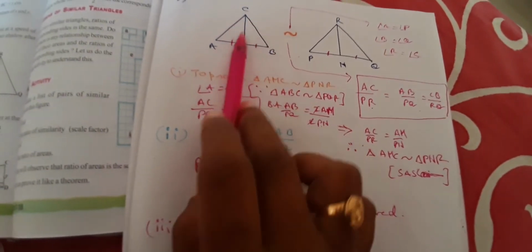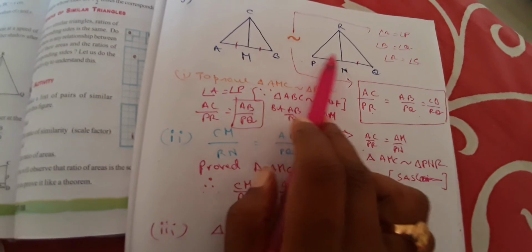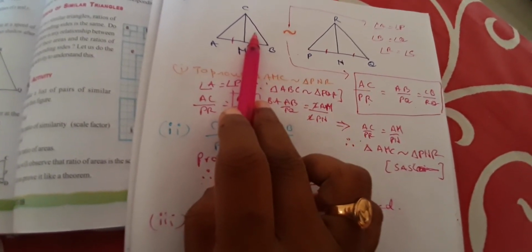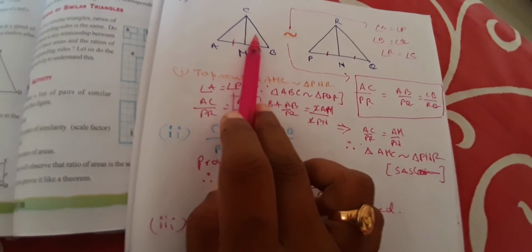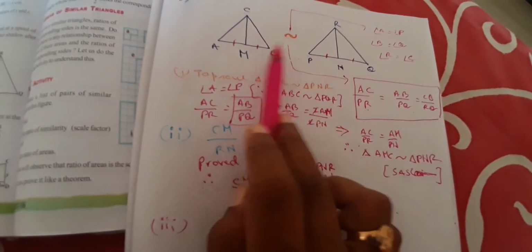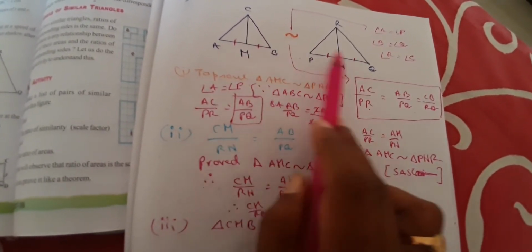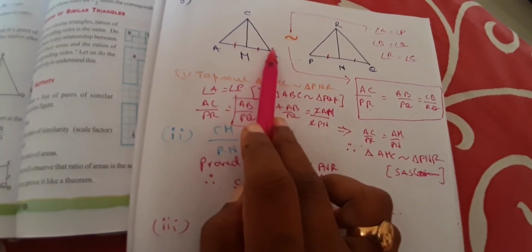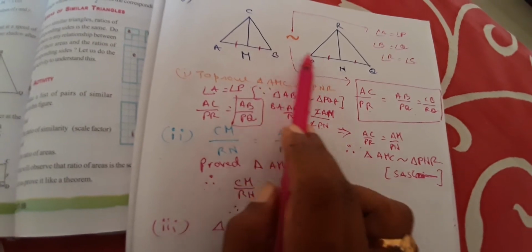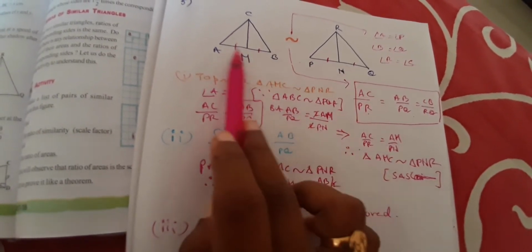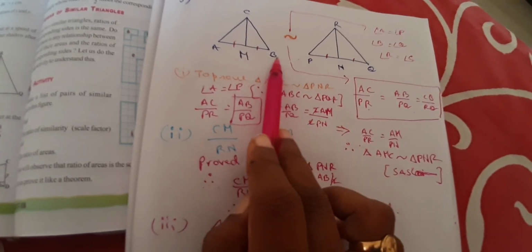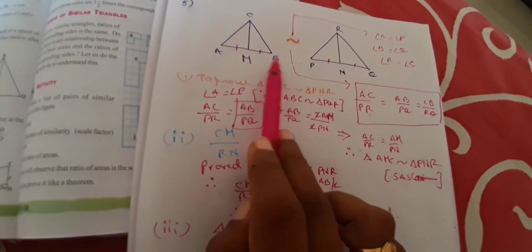Okay, children. So now let us see the third one. When these two are proved to be similar, the other halves can also be proved to be similar. Right? Shall I do it or will you do it? Okay. I'd better have you people do it and post me the result. Similar to this. See here. This side and this side ratio is constant, right? And then you are going to write this side by this side, which is equal to 2 times NQ and 2 times MB. 2 will get cancelled, so therefore NQ by MB.